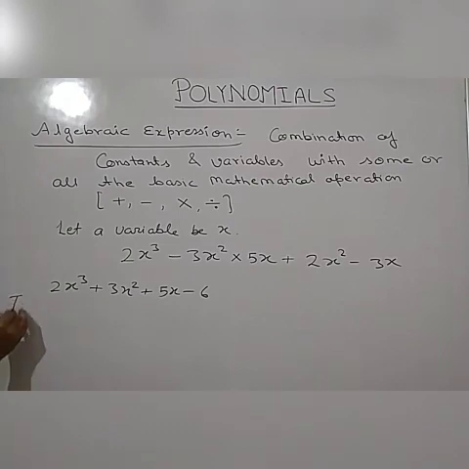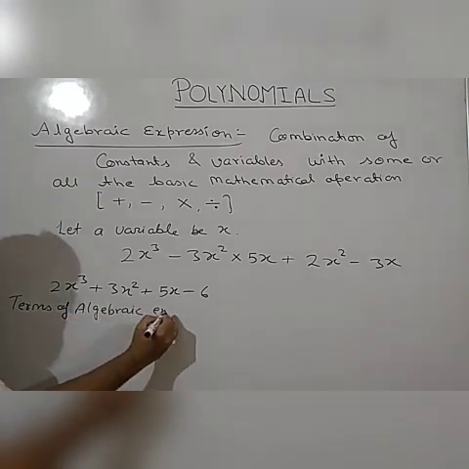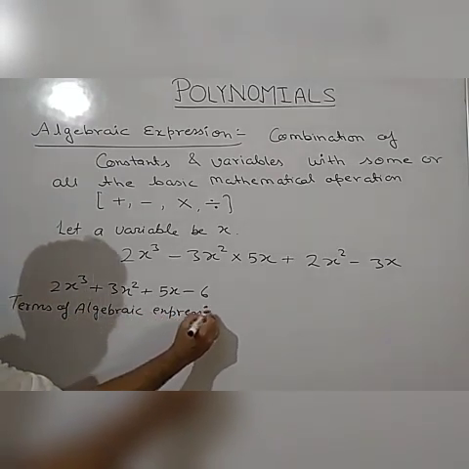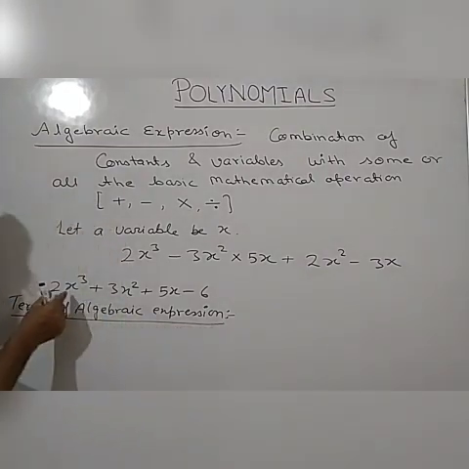Now I am going to talk about the terms of an algebraic expression. What do you mean by a term of an algebraic expression? Terms are the different parts of the algebraic expression which are added or subtracted.